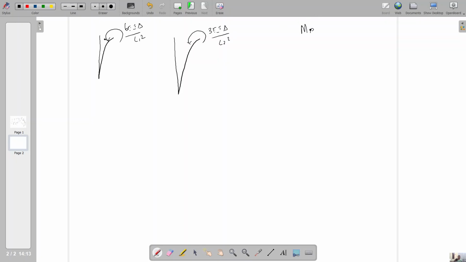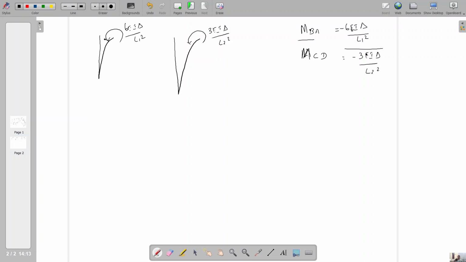So MBA is equal to minus 6EI delta by L1 square, because of anticlockwise, you continuously follow the sign convention, minus throughout the problem. You should not cancel the minus at top and bottom. And for MCD, it is minus 3EI delta by L2 square.